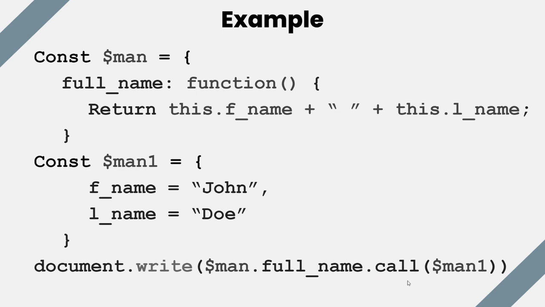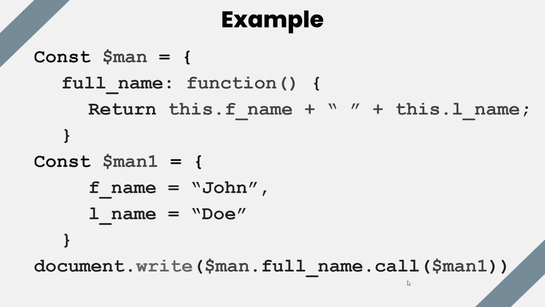Now within that call method, we are going to have our object name. That is the object name that needs that method, not the one giving out the method, the one that requires the method.